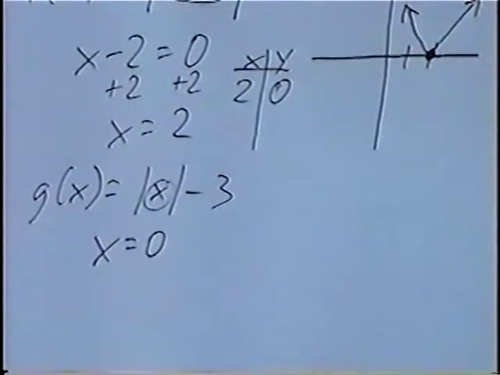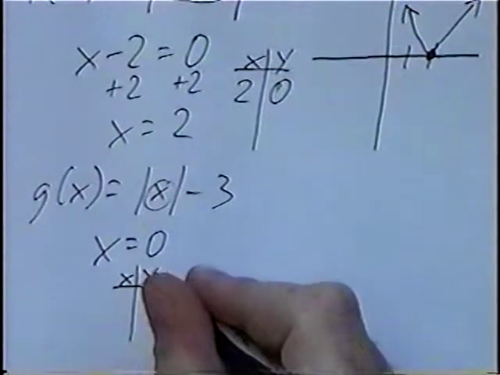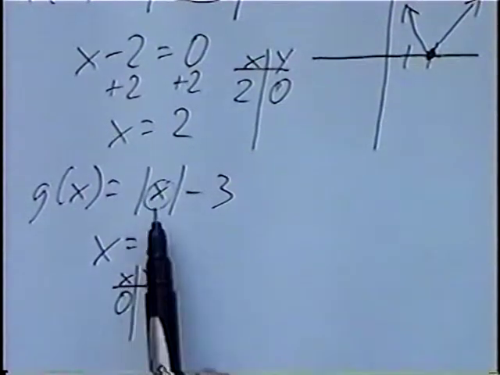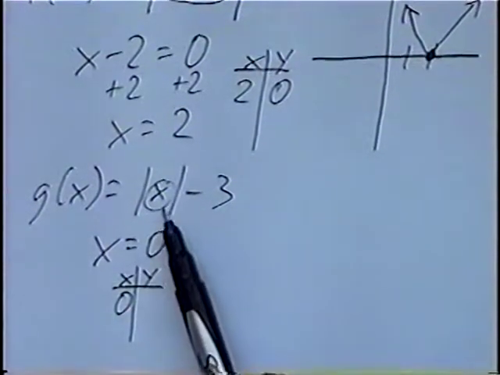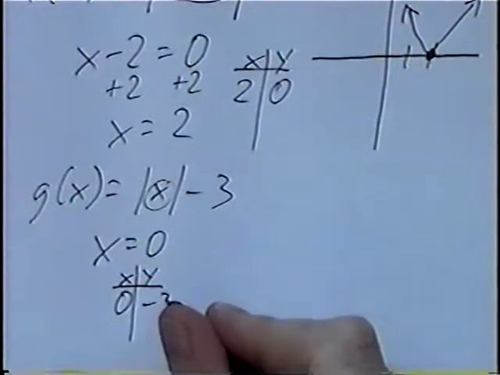This equation is already solved: x equals 0. So again, we'll do a t-table with just a single point using x equals 0. Plugging a 0 in, the absolute value of 0 is 0, and minus 3 is negative 3.